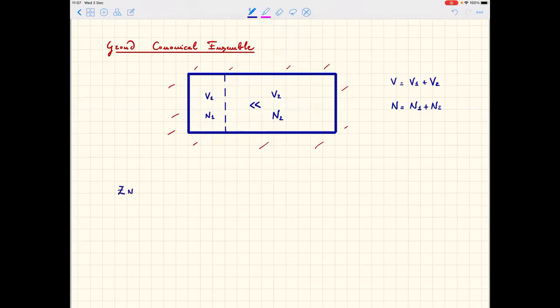So Z_N, the partition function for the entire system, is going to be equal to the integral dq dp over h to the 3N N factorial e to the minus beta H(q,p), where H(q,p) is in principle, as usual, the sum of two terms, the Hamiltonian H1 of the particles in volume 1, and the Hamiltonian H2 of the particles in volume 2.